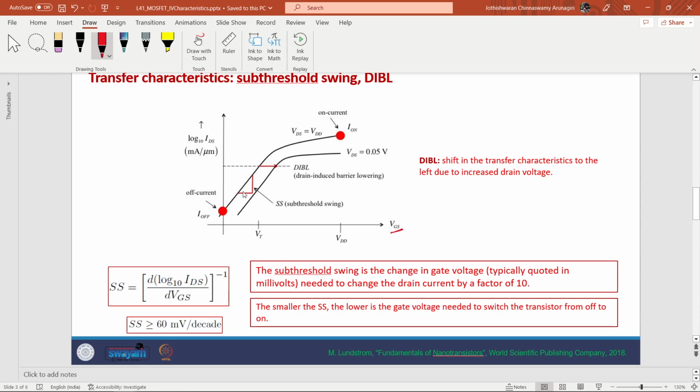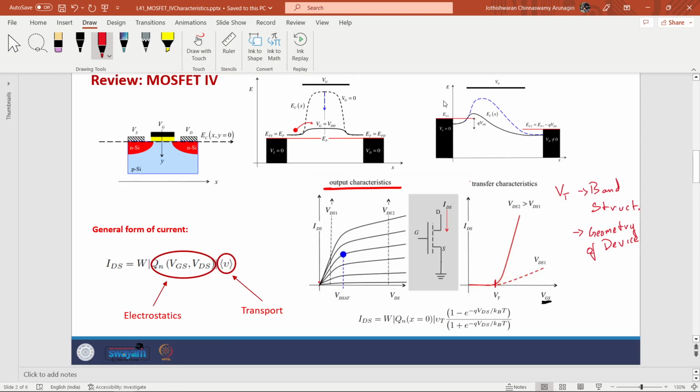So what is DIBL? It is essentially as we increase VDS, what will happen is, if you remember, let me just go to the previous slide. Over here, ideally speaking, what I want is the high point fixed by the gate voltage, and the slope fixed by VDS.